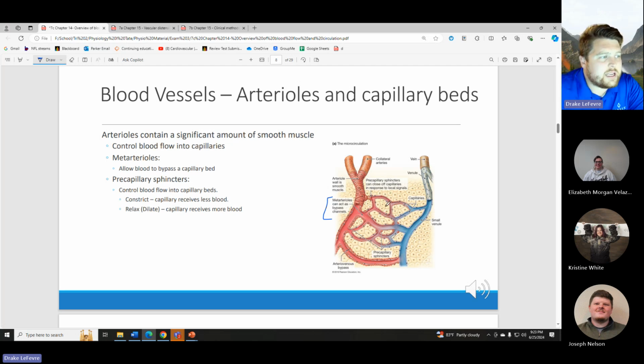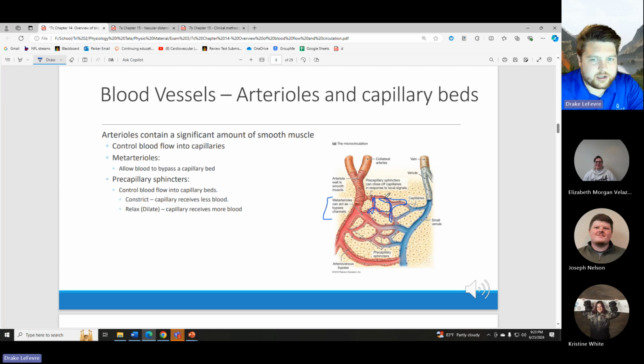If the tissue needs blood, these relax, so a bunch of capillaries are open and we can get blood. If the tissue does not need blood, these squeeze closed, and all of these capillaries get squeezed closed, so they don't have blood flowing through them because it doesn't need blood there.